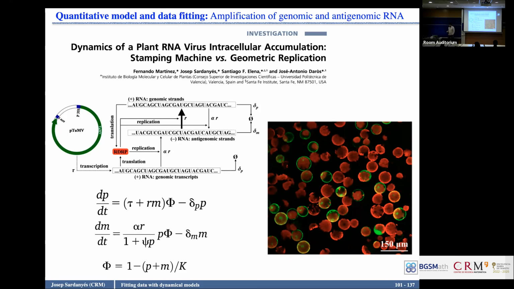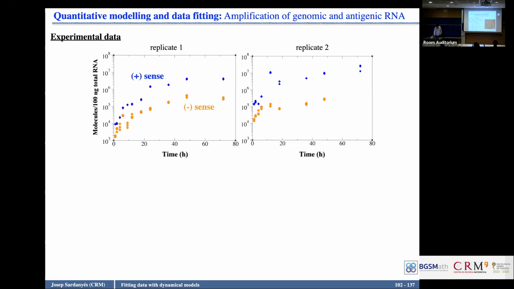Now, what can we do? So here I'm showing some experimental replicates. This is the data that we had. Actually, we had 3 independent replicates. This is usually what experimentalists do, usually 3 replicates, because the experiments are very costly and take a lot of time.